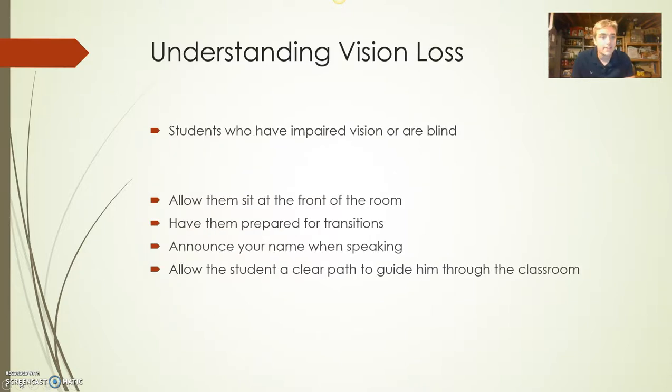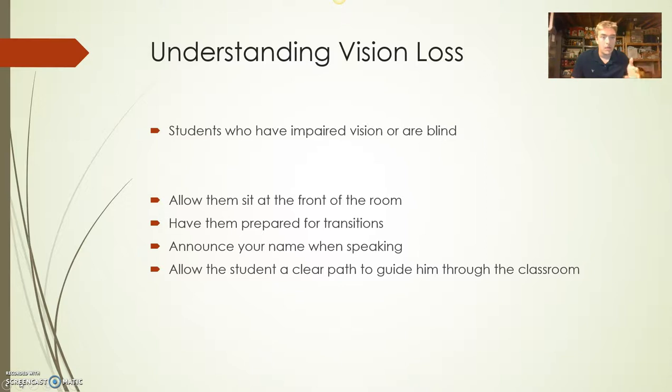And finally, the last thing I'm going to talk about is students with vision loss. They have impaired vision or are even blind. Good ways to work with them: allow them to sit at the front of the room so they're not distracted by the lights and they can see the board or screen better. Have them prepared for transitions so they don't just come out of nowhere. Make sure you're constantly reminding them, hey, class ends in 10 minutes.